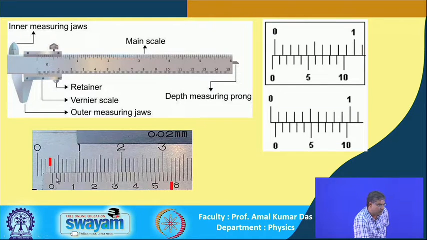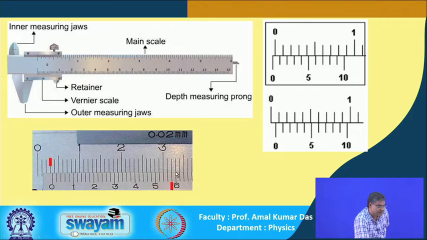And what will be the vernier scale reading? For the vernier scale reading we have to find out which division or which line of the vernier scale coincides with the main scale. Here I think red mark is there, so it is taken as the coincidence line.